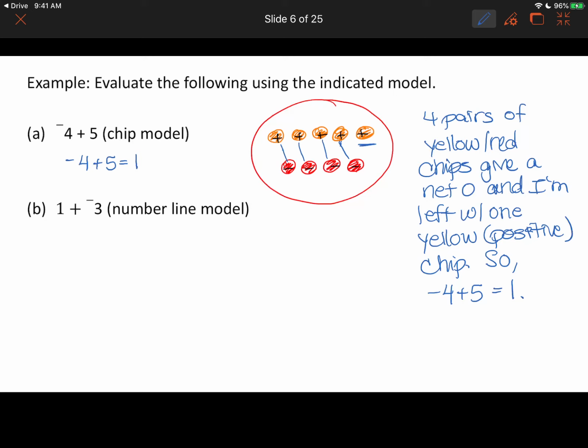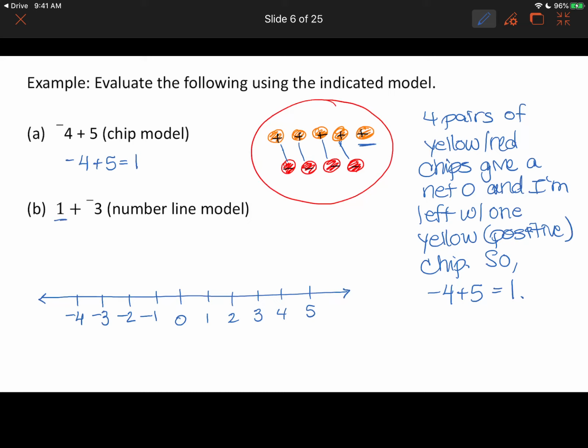All right, what about the number line model? So let's model 1 plus -3. I'm going to put 0 here and mark some numbers on my number line. Let's go to the left also, -1, -2, -3, -4. Okay, so I'm always going to start at 0 facing to the right.